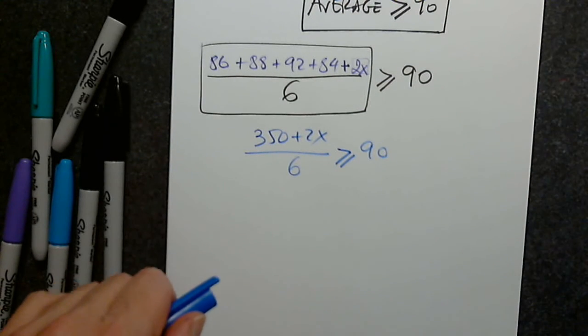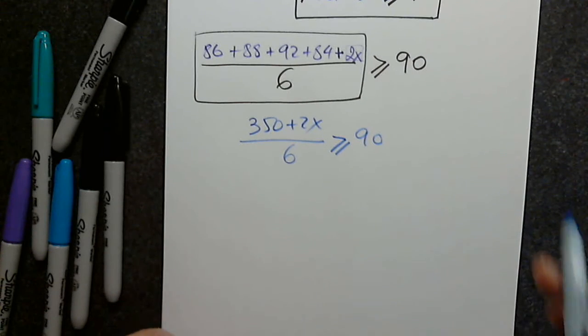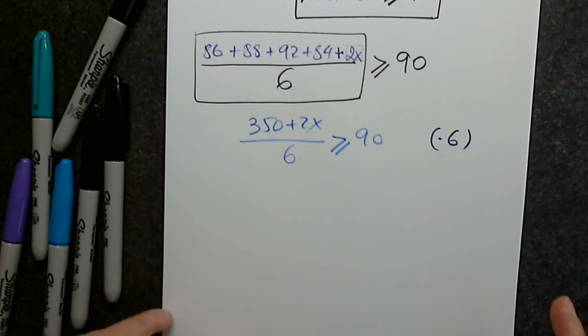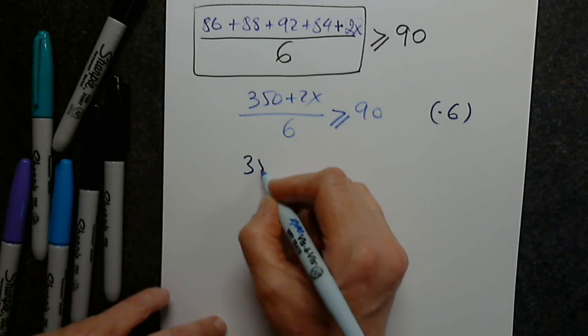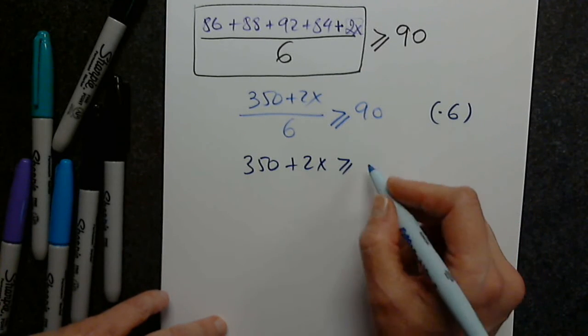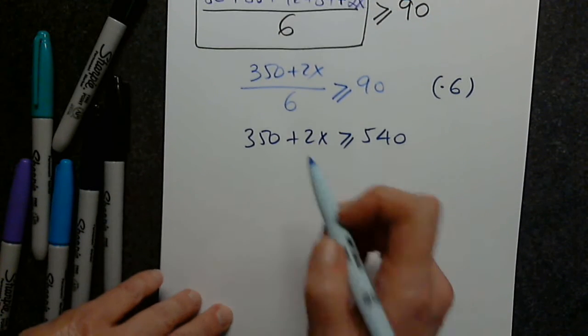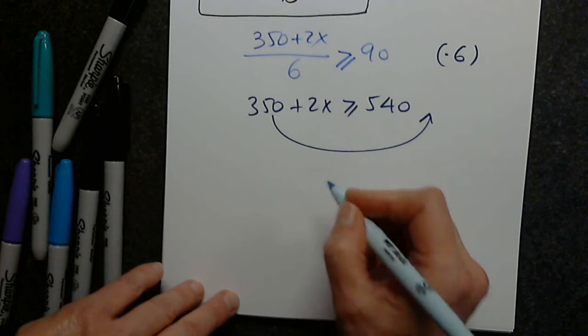Yes? Say it again. Not right now. First, I have to remove something else. Multiply both sides by 6 to clear that. And then, indeed, of course, now I will have to move 350 to the other side.